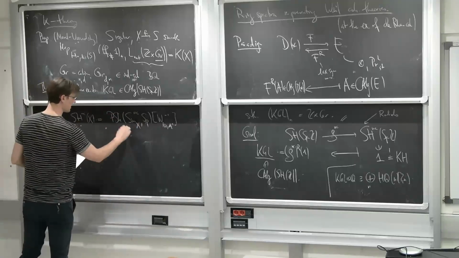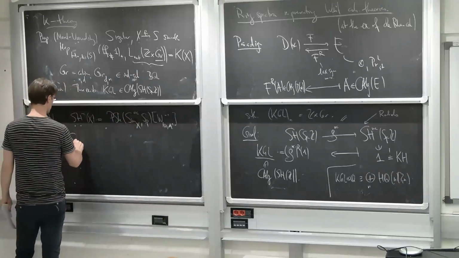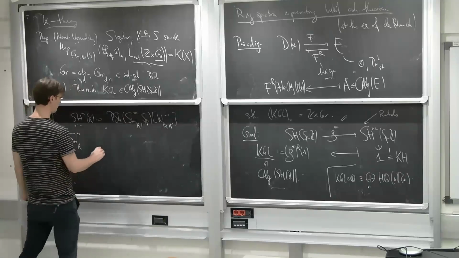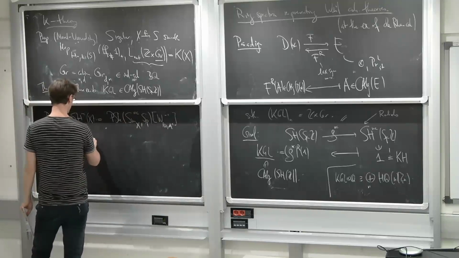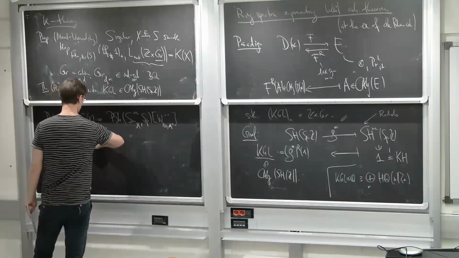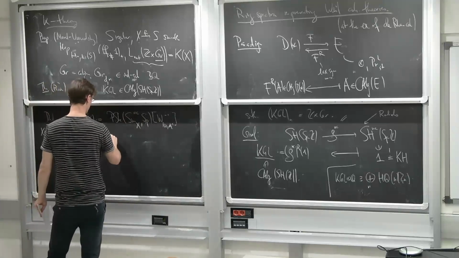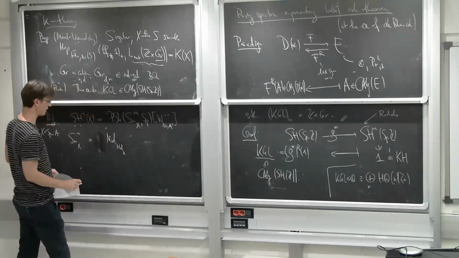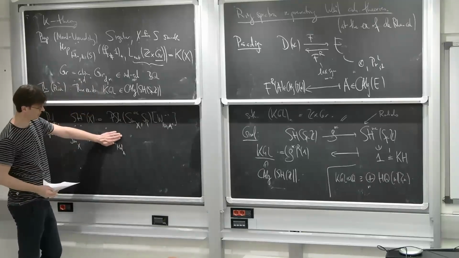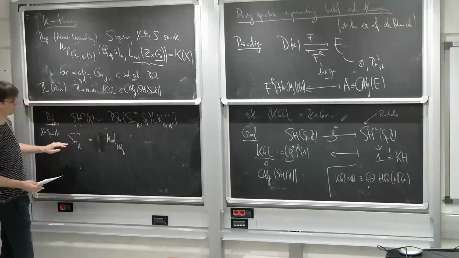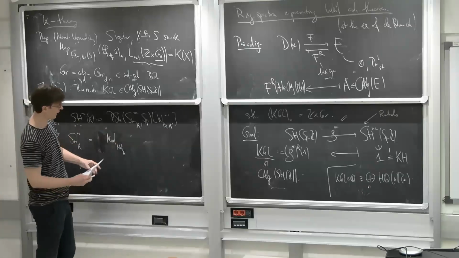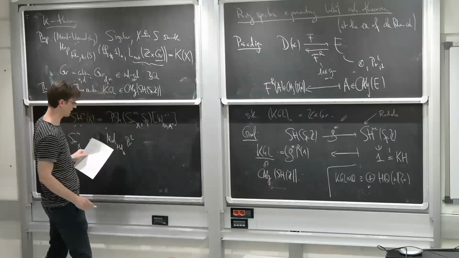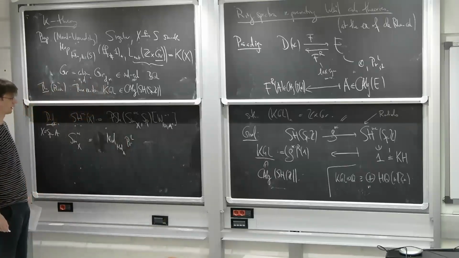So what is this SmNC of X? Here's the definition. So first of all, we have Mod A, which is the derived category of A-modules, A over our base. And that is an object in PrL, so we can look at A-linear categories, right? That's what this is, A-linear presentable categories.